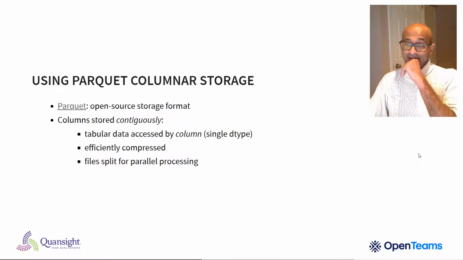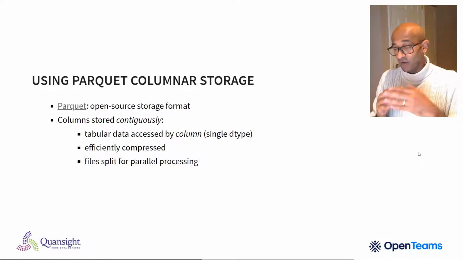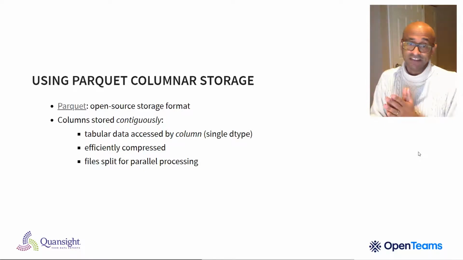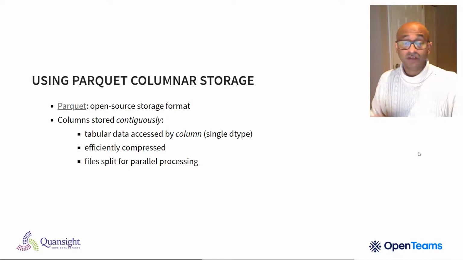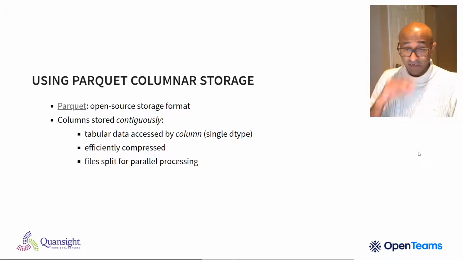So having seen how Dask can be applied with this data set in general, let's see how we can improve the efficiency by, instead of using comma separated values, which is very nice because it's human readable, using an open source binary storage format called Parquet.